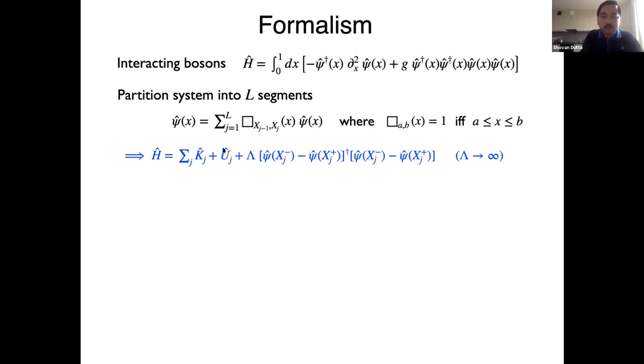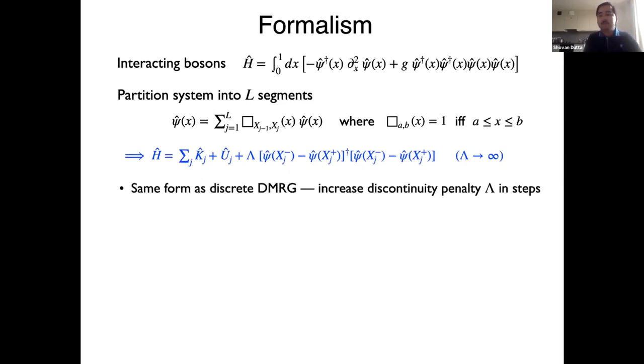Okay, so now the Hamiltonian just looks like a Hubbard Hamiltonian. You have these local terms, which are like the on-site terms, and you have the nearest neighbor terms here. If I take x_j plus, that is in the (j+1)th segment, and x_j minus is in the jth segment, so this is like a nearest neighbor coupling. And so you can apply traditional DMRG on this once you have expressed these operators as matrices.